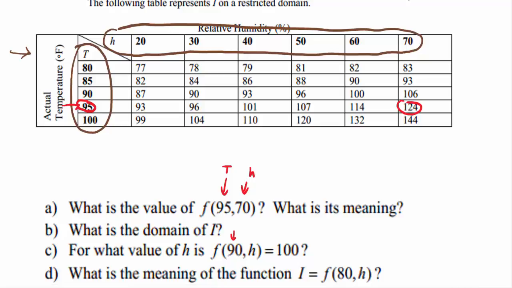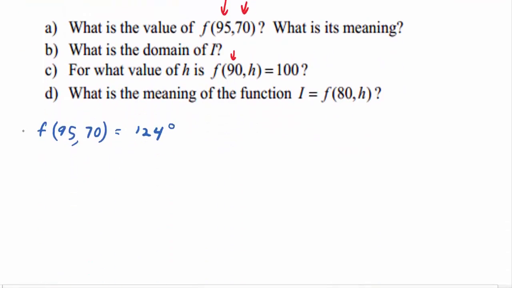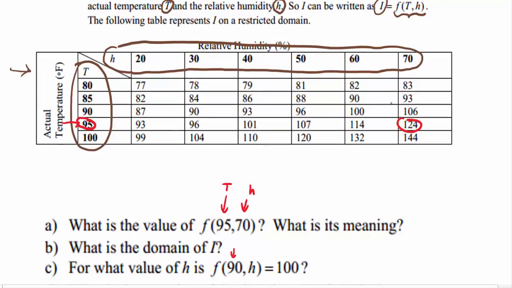Since we're just looking at the table, all we have to refer to is the table. The domain from the table is finite. So we could conceivably list them all, although I wouldn't want to, so we'll do it like this. That's part A. Part B, we'll say the domain D is equal to a set of ordered pairs. Let's just get a pattern going: 80-20, 80-30, 80-40, 80-50, and so on and so forth. And then after you get done with 80-70, it'd be 85-20.